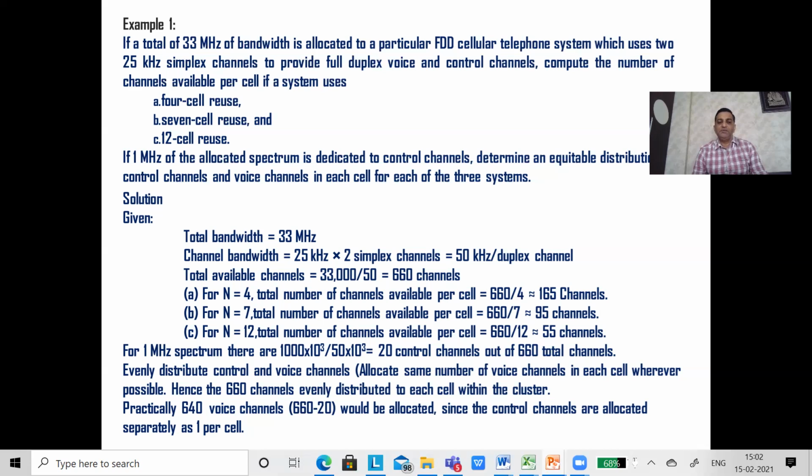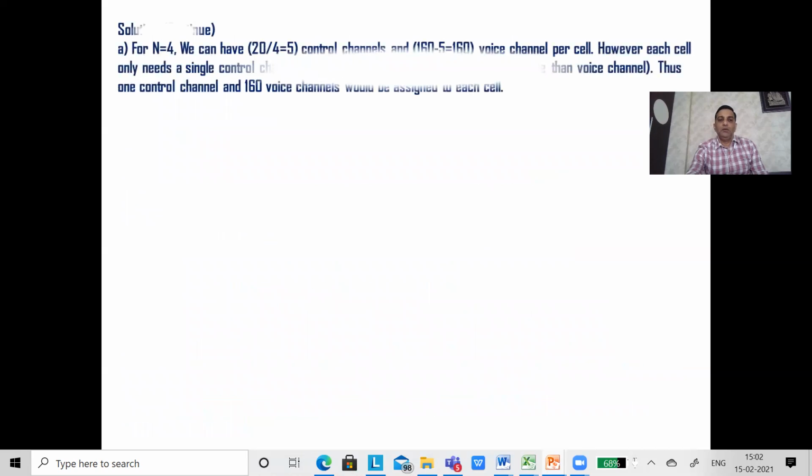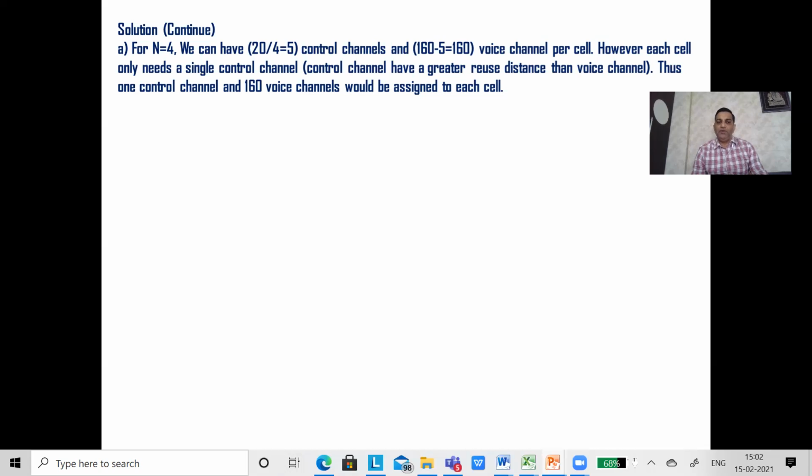So that means one control channel for one cell. Now to find out the distribution of voice and control channels for every system for the given 1 megahertz.